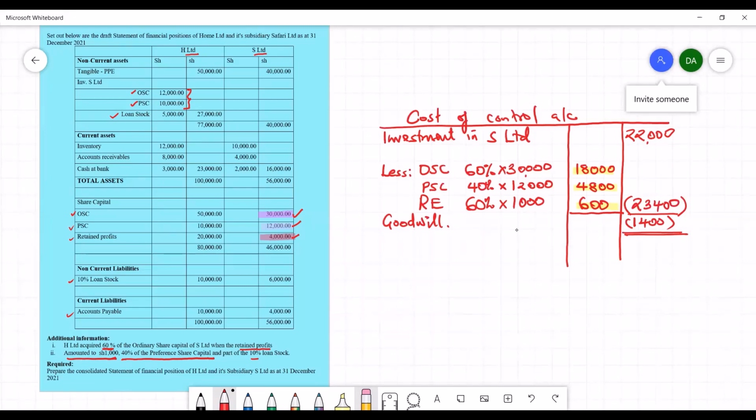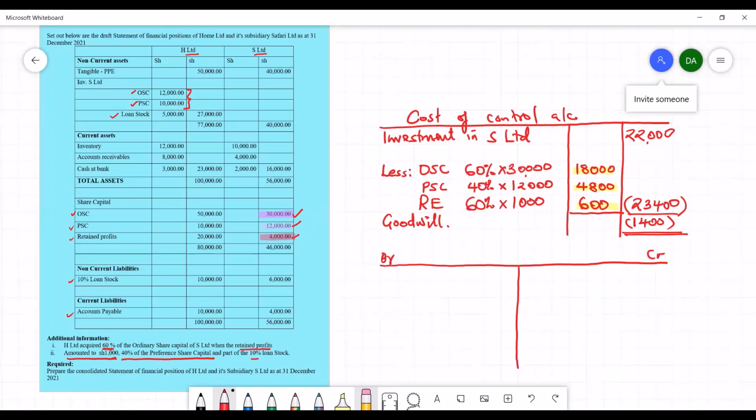We can also prepare this cost of control account using the T account format. Whichever you find easy to use, you can go with the T account. For the cost of control, we have both debit and credit side, as you always know. In that case, we're going to have a T account like this, with the debit side and credit side.